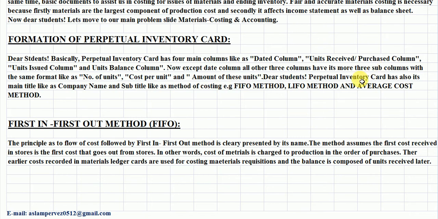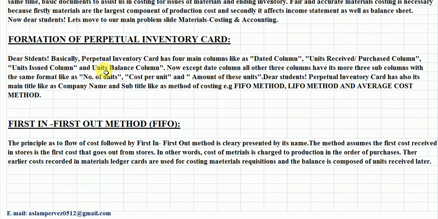Dear students, Perpetual Inventory Cards also have a main title like the company name and a subtitle like the method of costing, for example FIFO method, LIFO method, and average cost method. Friends, this is the explanation about the formation of Perpetual Inventory Cards.